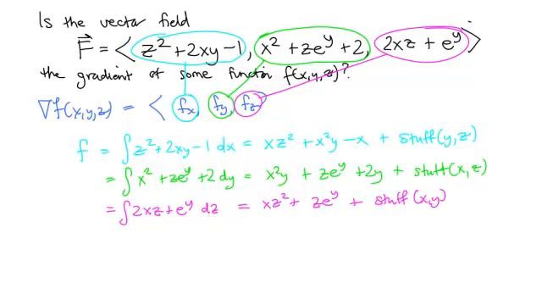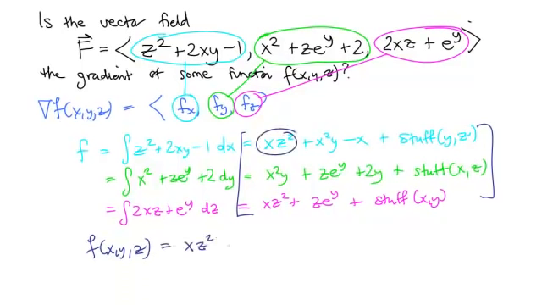So, is it possible to find one f that can satisfy all three of these equations at the same time? What would such an f have to look like? It needs to have an xz squared term in it, and it needs to have an x squared y term in it, and it needs to have a negative x term in it to make the first equation happy. I've already counted an x squared y term.